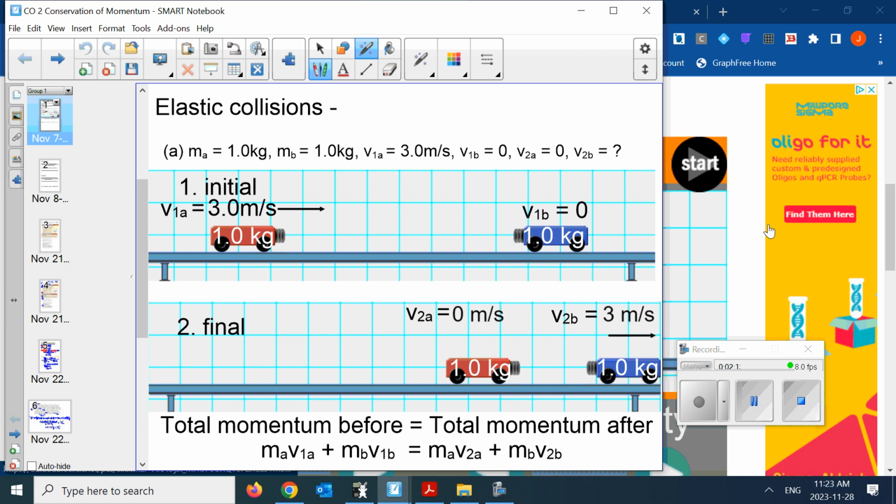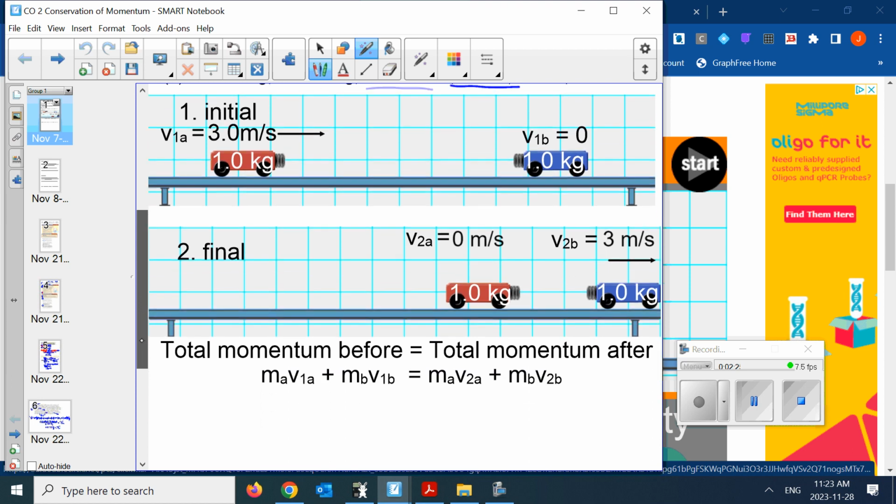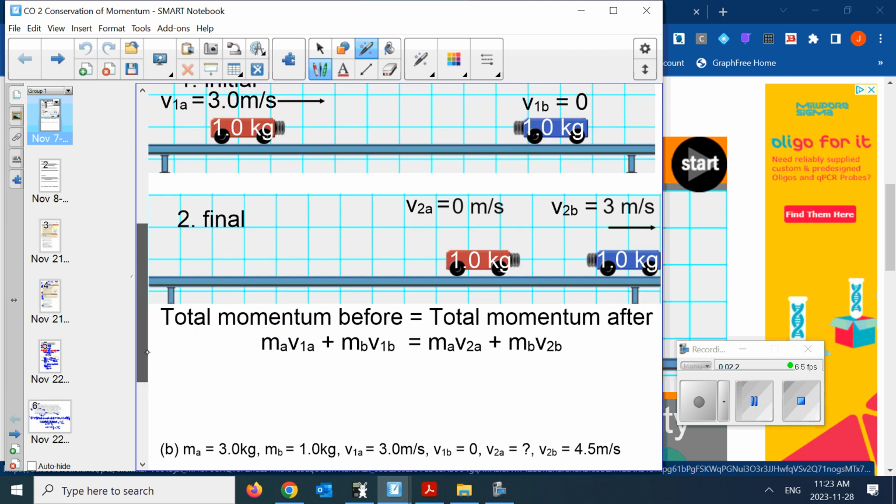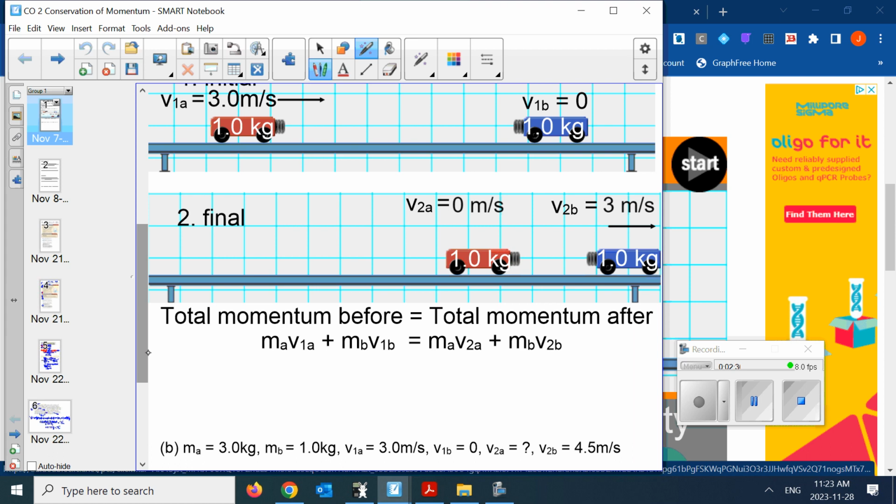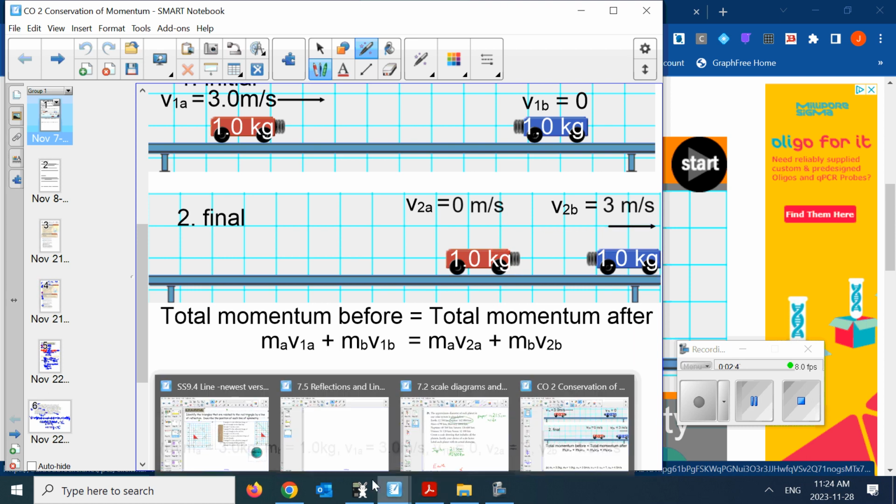So, I have the variables noted. Really, what we're going to observe is that this one stops. This one continues trucking at the same speed the other one had. Now let's just watch this and see, and then we'll do some calculations.